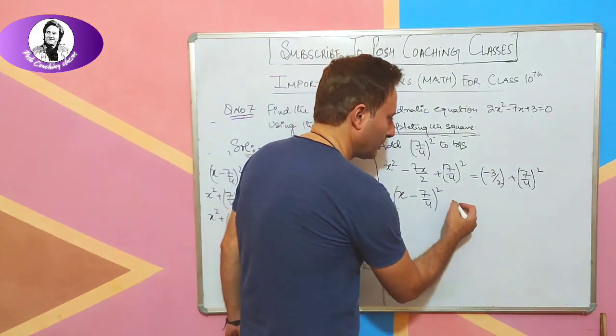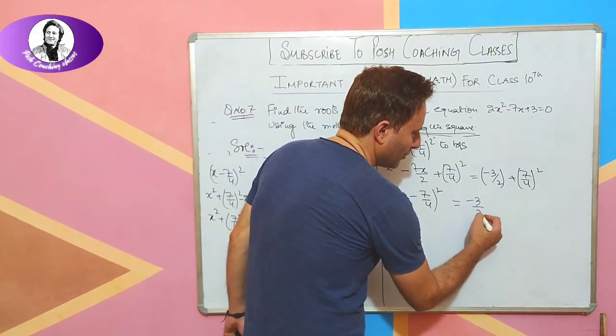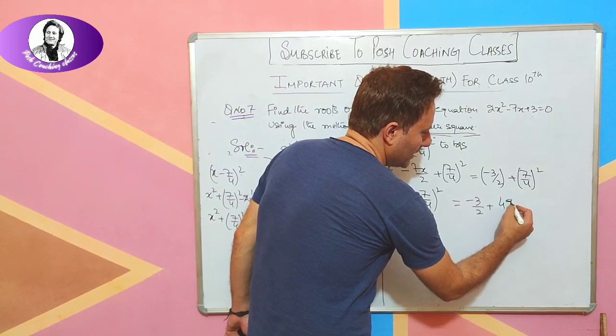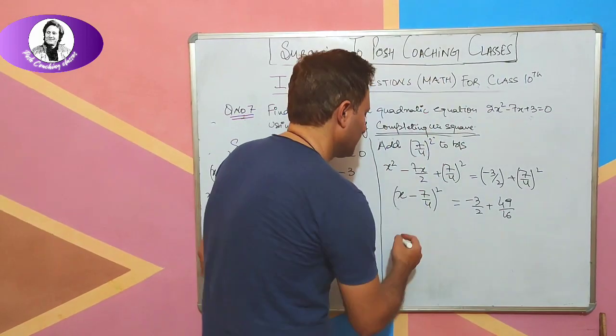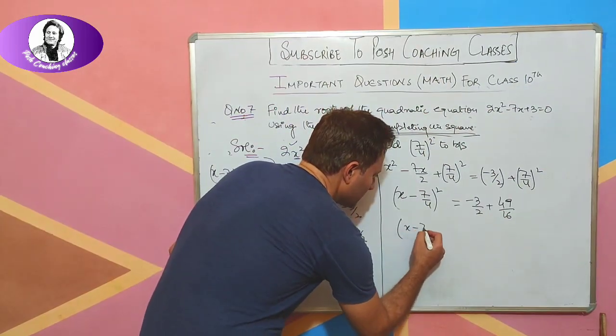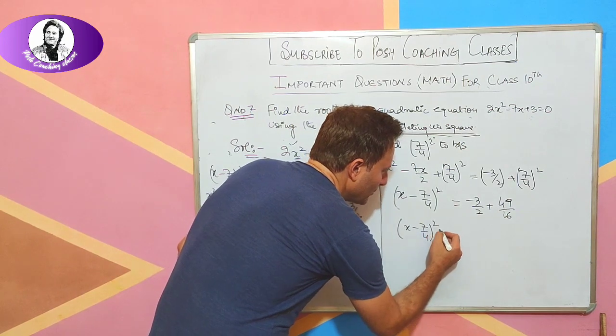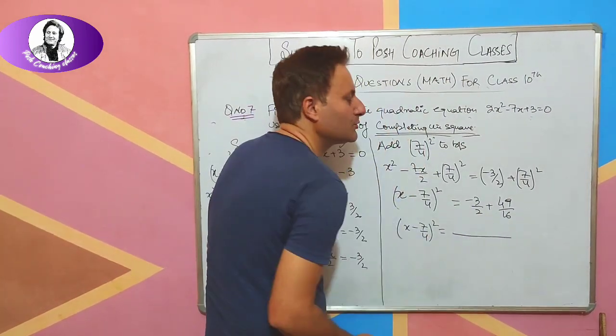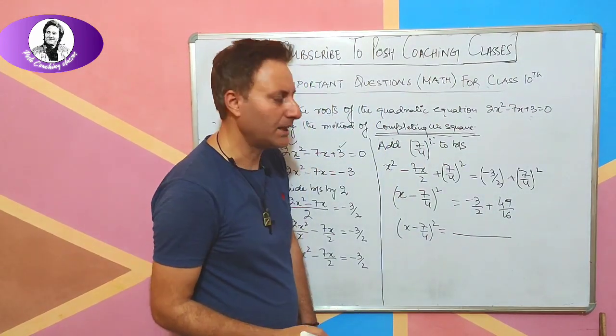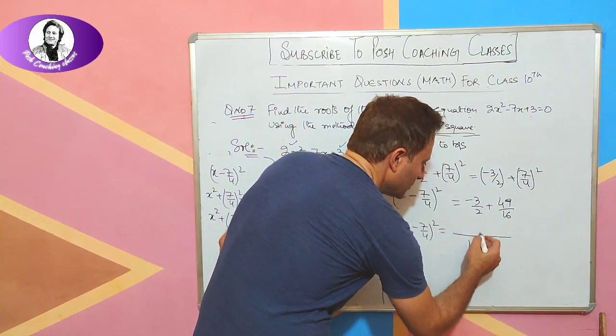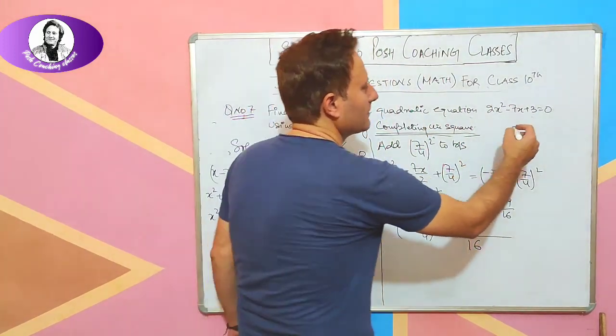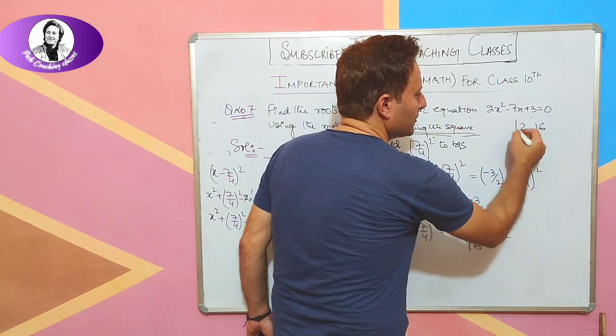Now we'll go that side. This is minus 3 upon 2. This becomes 49 upon 16. This is x minus 7 upon 4 whole square. For 2 and 16, if we take the LCM, it is 16. Here I'm just showing you the LCM.